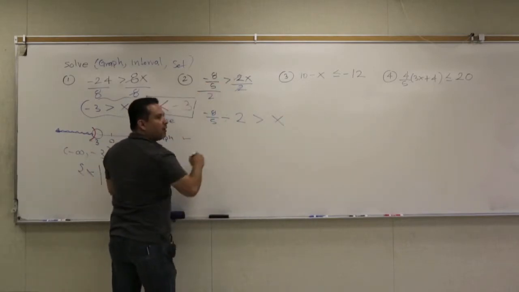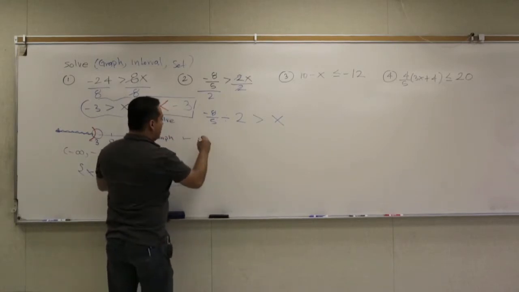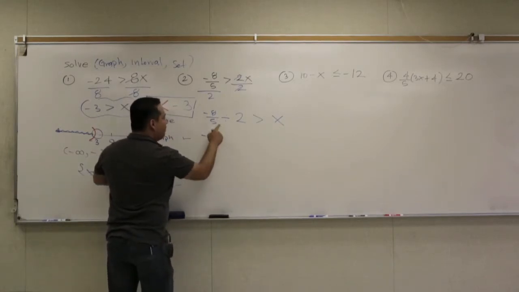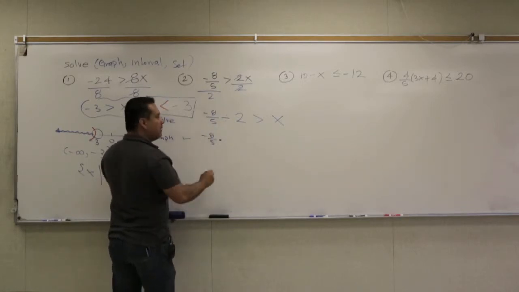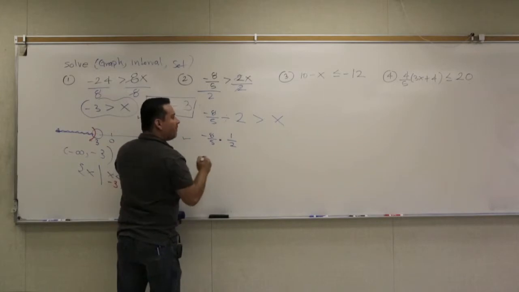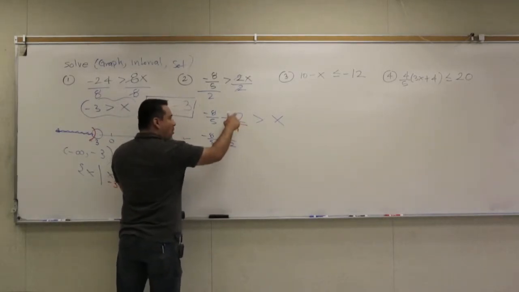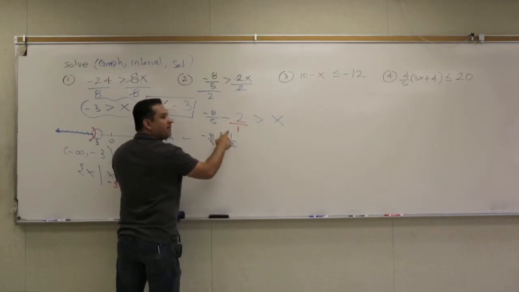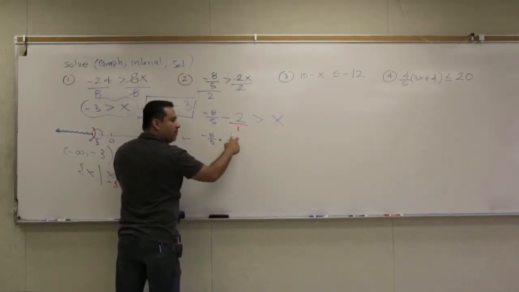I have to do this work. We did this kind of work. -8/5 now, not divided by 2, but what? Times what? Good. Why 1/2? Because this whole number 2 is really 2 over 1 as a fraction. How do we divide? Multiply with the what? Reciprocal.